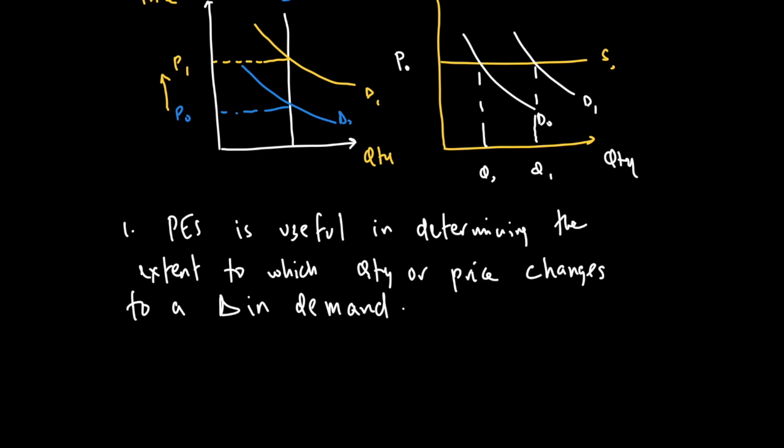Knowledge of PES is also useful when it comes to tax policy. So, for example, if the supply is very elastic and a tax is put on the producer, then the tax burden will fall more on the consumers, because having an elastic supply means the producer can easily respond to a change in price. He's got very flexible supply, and that's why the tax burden falls more on the consumer than on the producer.